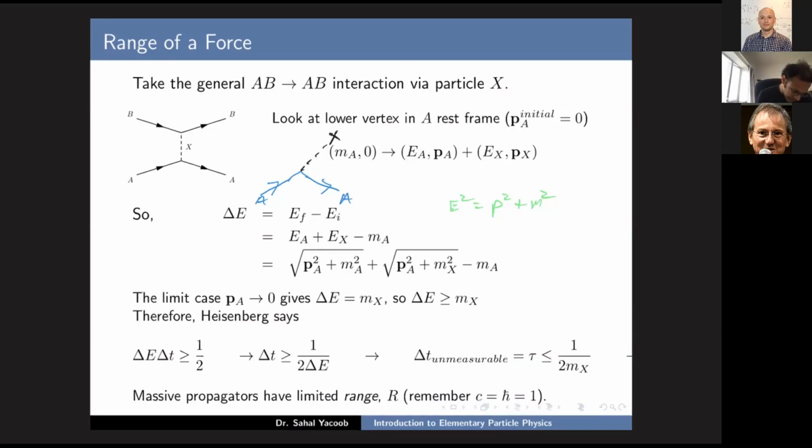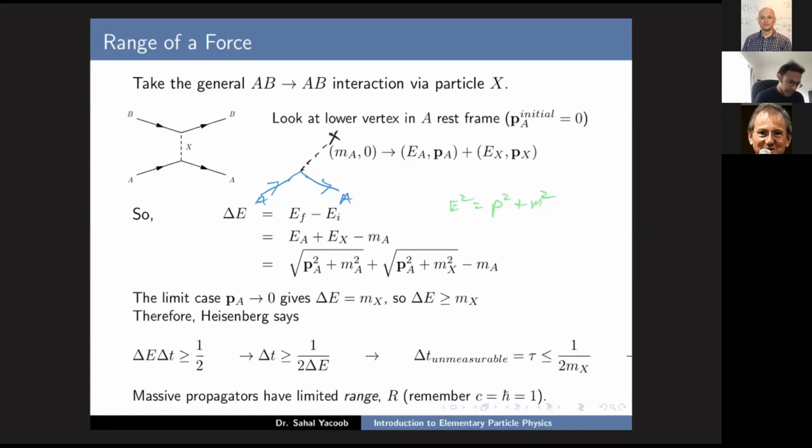And this gives us the range of a particle. So a massive mediating particle will be able to carry the information about the interaction it is mediating over the distance tau or over the time tau.